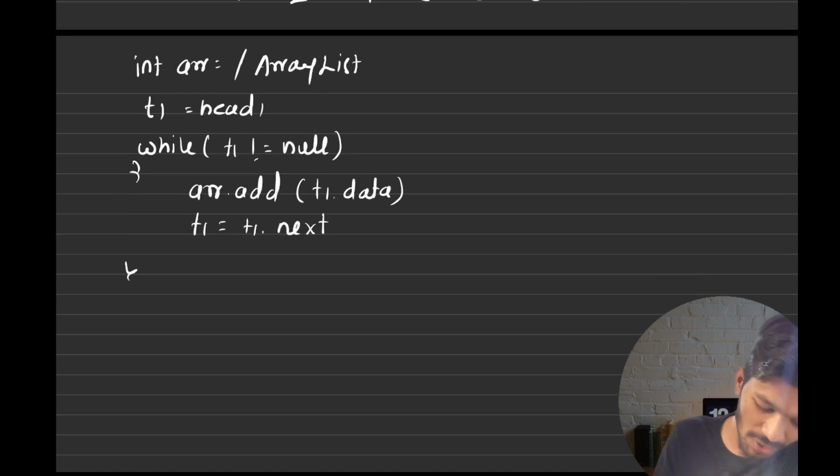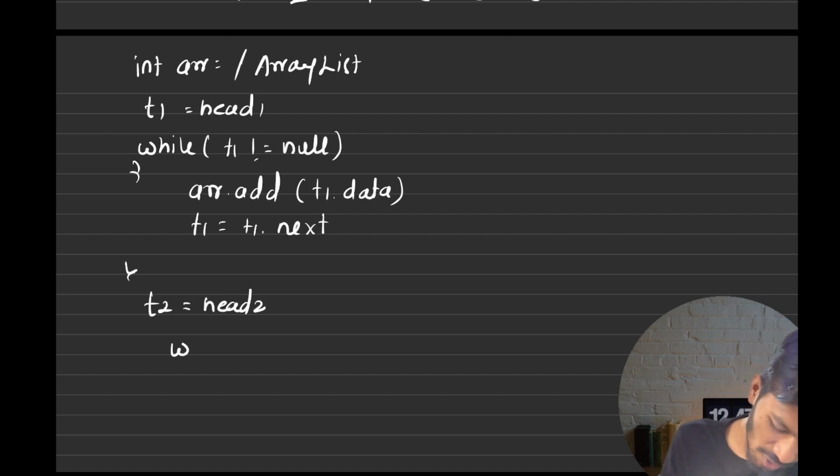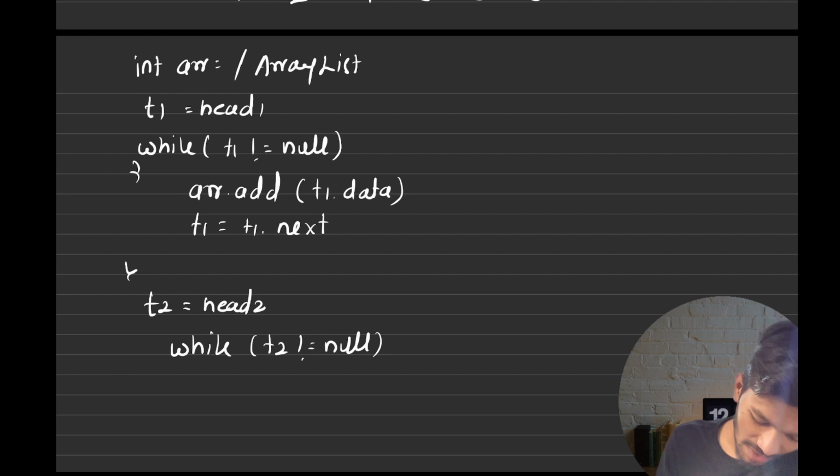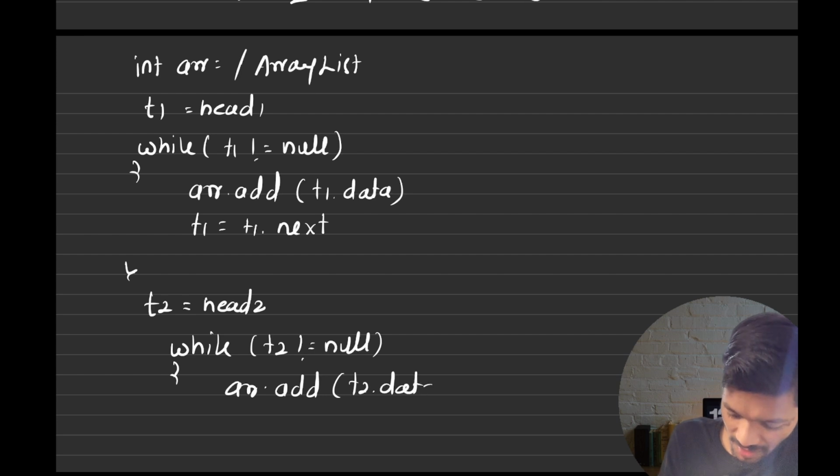Similarly do it for temp2, that is, take a new pointer called temp2 which is initially pointing to head2, and keep doing this till temp2 is not equal to null, and simply push the data of temp2 into your array list, that is temp2.data, and move temp2 to the next node by temp2.next.